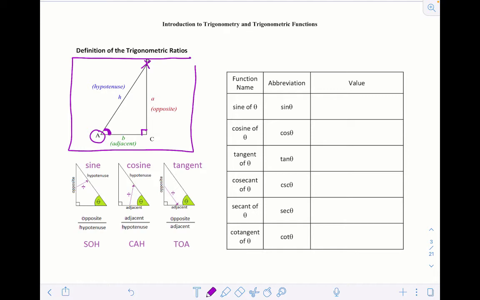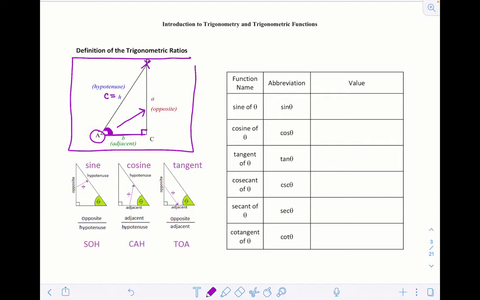But if we have a triangle defined like this, so a right angle, and we're looking from the perspective of A, we would call the side across from that opposite. And then the side that's touching it right here, which is B, is our adjacent side. And then our hypotenuse, I have it written here as H, but we might also call that C as well.